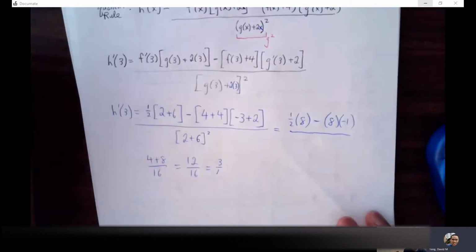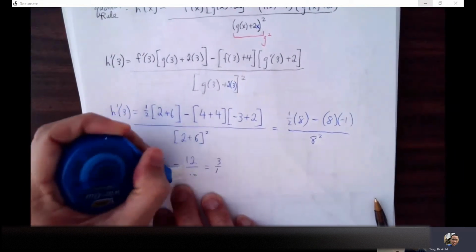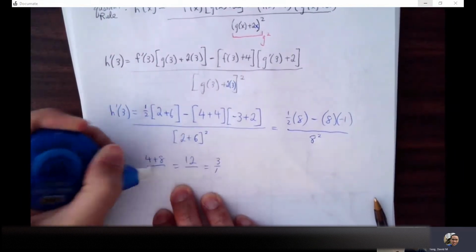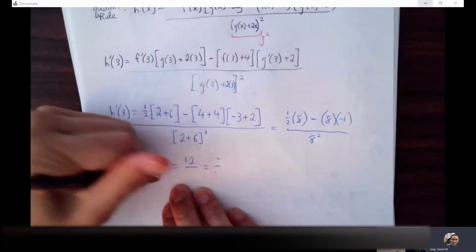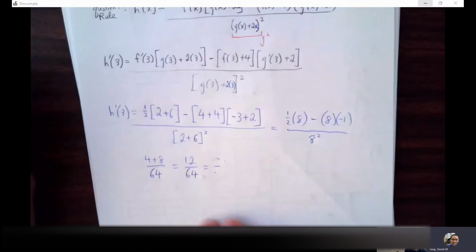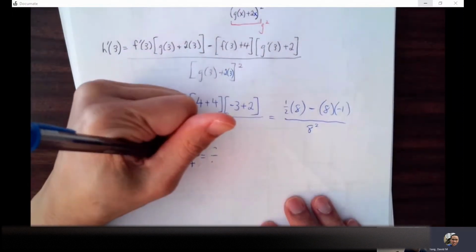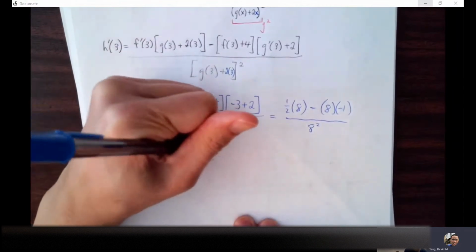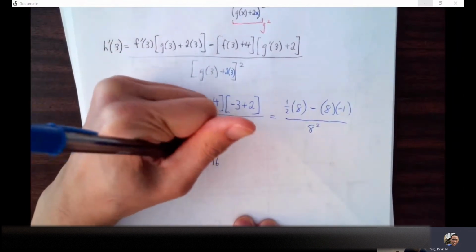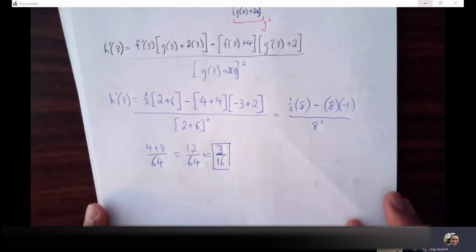And then 8 squared is 64. And then 12 over 64, I can take 4 from each of those terms, so I have 3 over 16. Okay. Answer choice C.